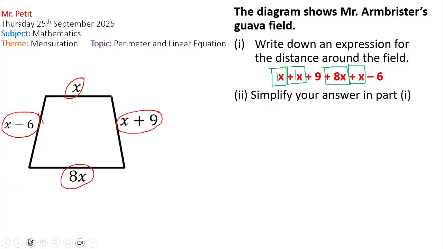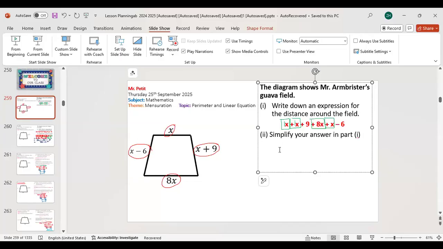So class, what is 1x plus 1x? That's 2x. Very good. And what is 2x plus 8x? 10x. Very good. What is 10x plus x? 11x. Very good. So for the first one here, we're going to put 11x.